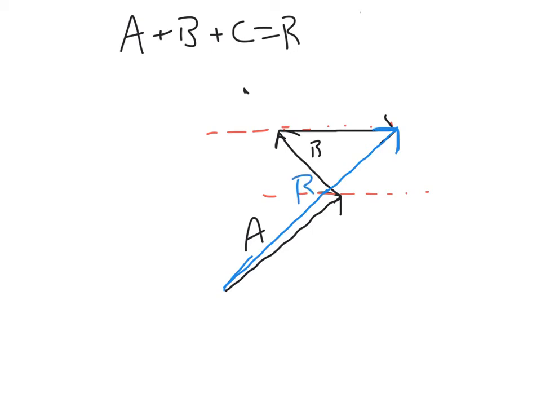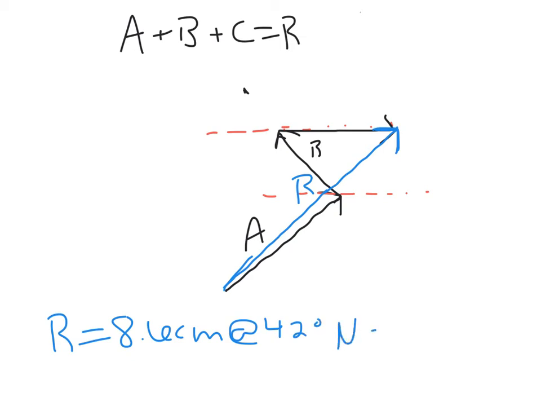And what you need to do now is say what R is equal to in terms of magnitude and direction. So the same way we measured A and B and C using a ruler and a protractor, vector C is 8.6 centimeters long at the direction for vector C is 42 degrees.